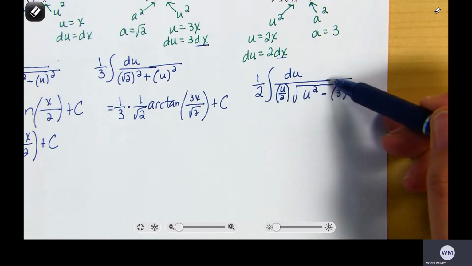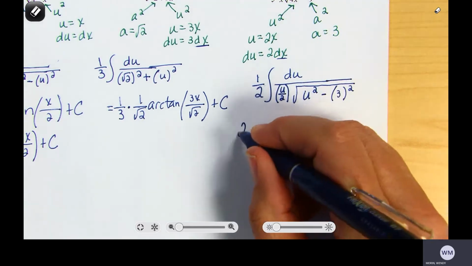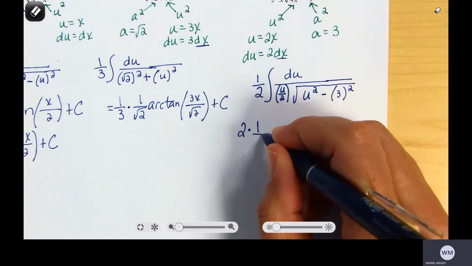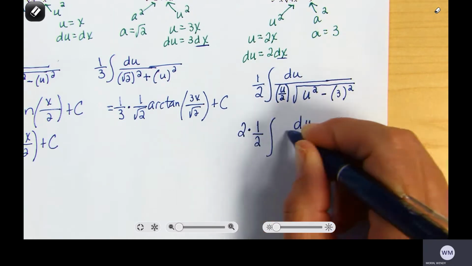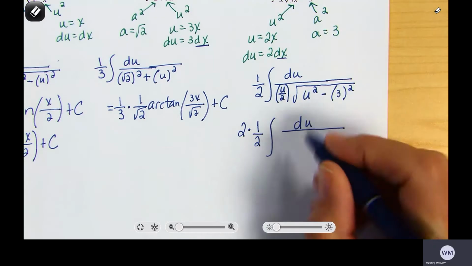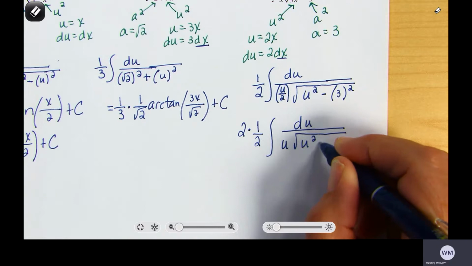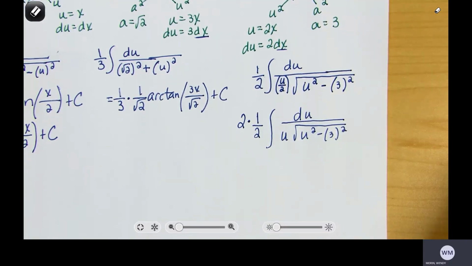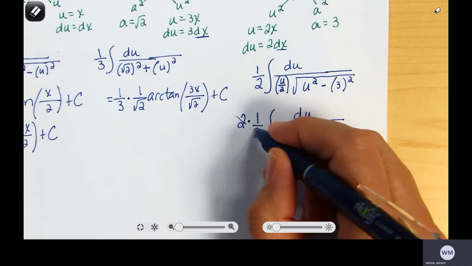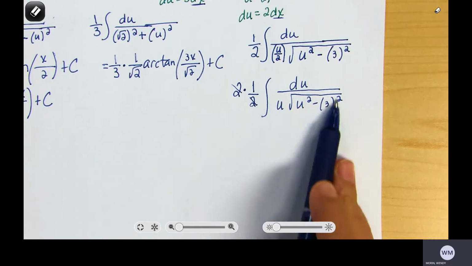If you're dividing by 1/2, that's the same as multiplying by 2. So when you pull that coefficient out in the front, you get this. So then these end up canceling, and then you can recognize this as your arc secant.